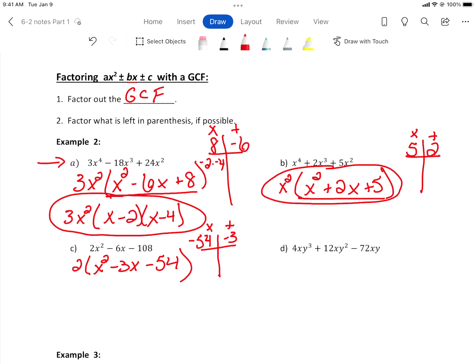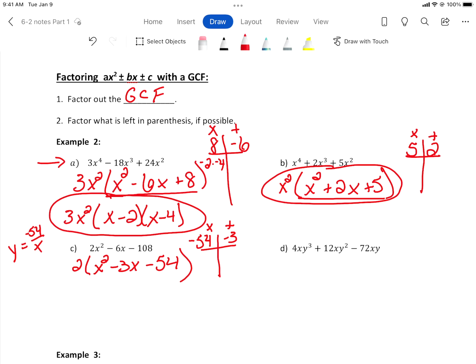So remember, if you have a TI calculator, do you guys remember how to figure out different factors of numbers? If you have the TI 83 or 84, you can do your y equals and whatever your number is, so -54 over x, and look at your table. Your table gives you all the different numbers that multiply to give you 54.